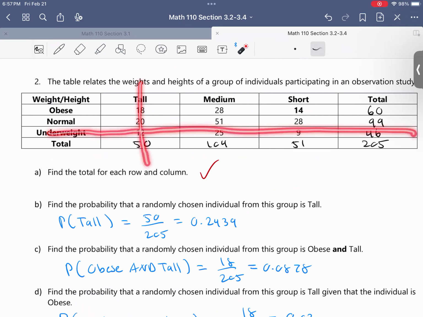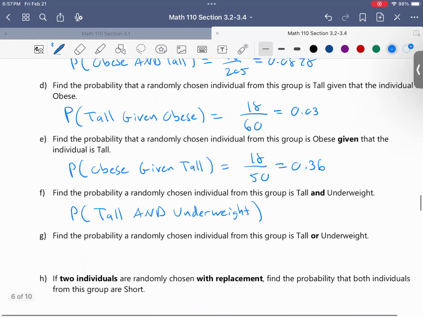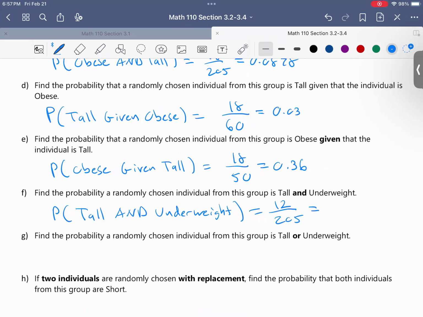Where our lines are crossing? That's at 12. So it's going to be 12 out of 205. We're back to our regular total. Okay, so 12 divided by 205 is going to be 0.0585.